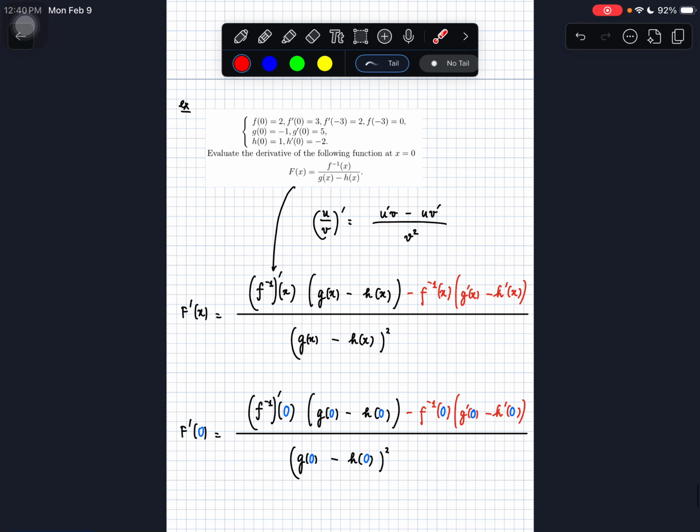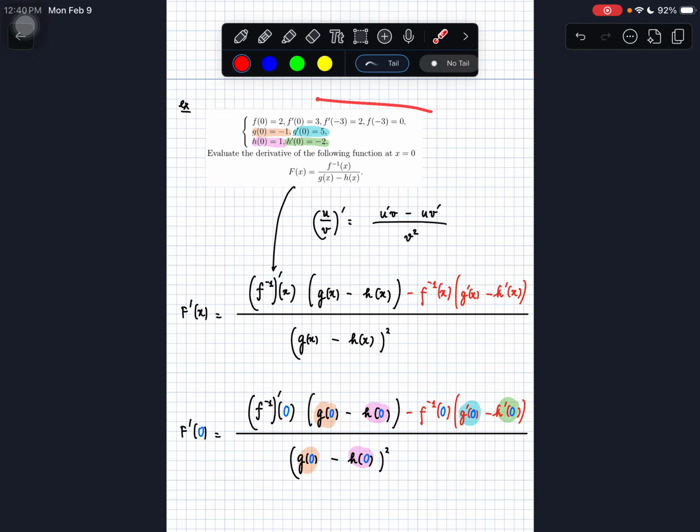G of 0 is given to us: minus 1. What else? H of 0 equal to 1. What else? G prime of 0 equal to 5. H prime of 0 equal to 2.